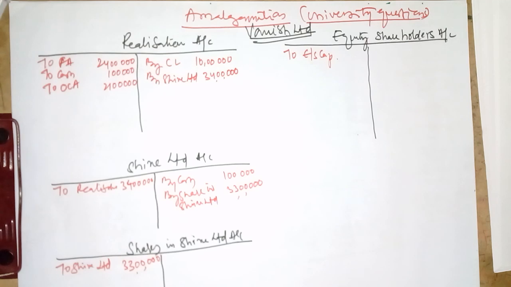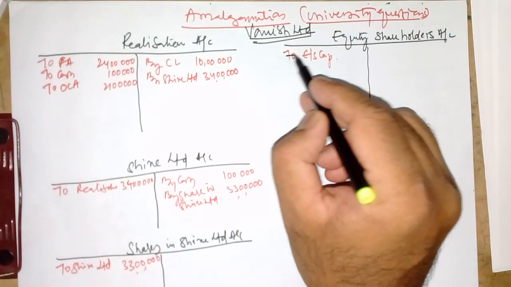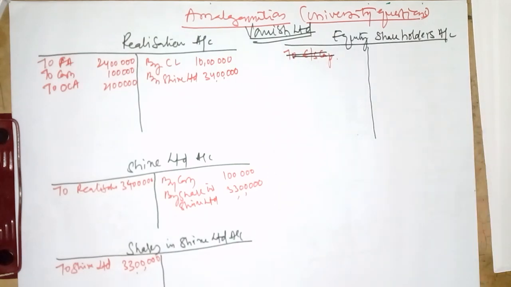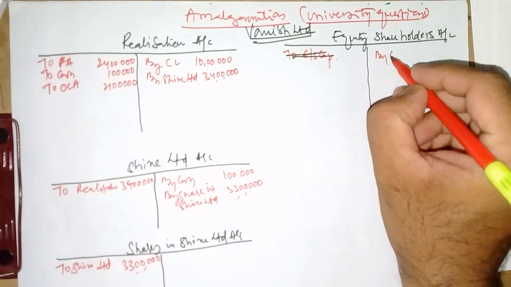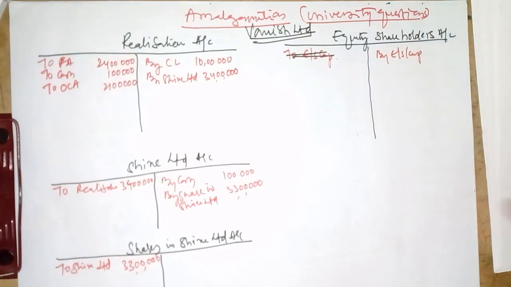Equity share capital is a liability and shows a credit balance. How to close? By transferring to debiting. So in equity shareholders account, what do we write? By equity share capital. How much is the capital total? 40 lakhs.